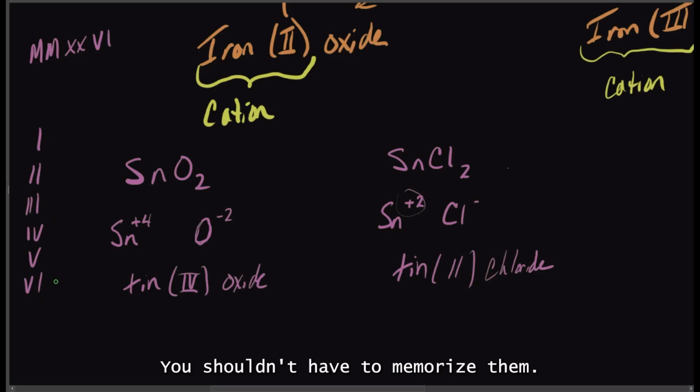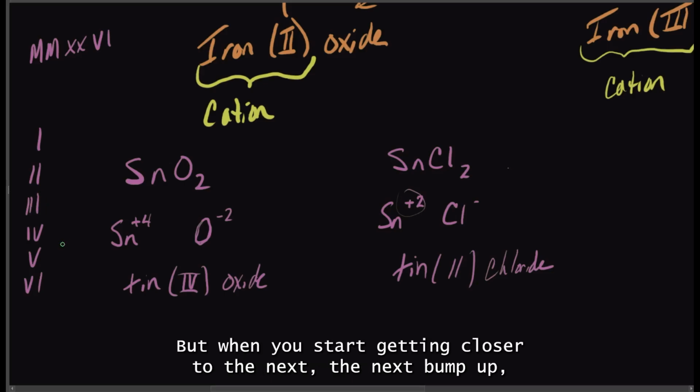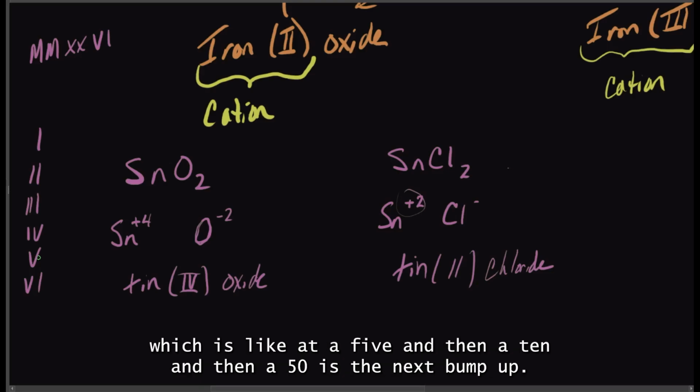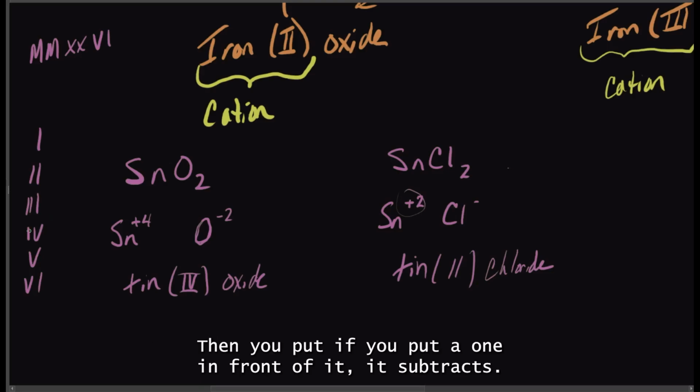You shouldn't have to memorize them. You should know how to figure them out. Know the rules. It's easier if you know the rules. Each single one is 1, so there's 3. But when you start getting closer to the next bump up, which is a 5 and then a 10 and then a 50, if you put a 1 in front of it, it subtracts.